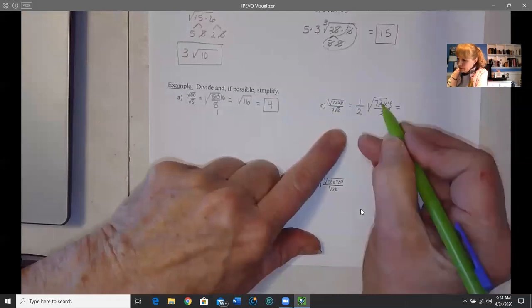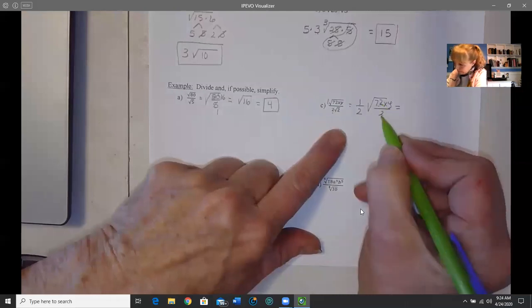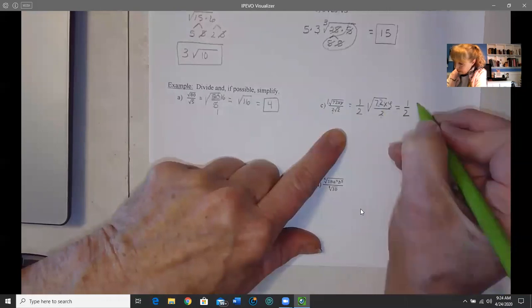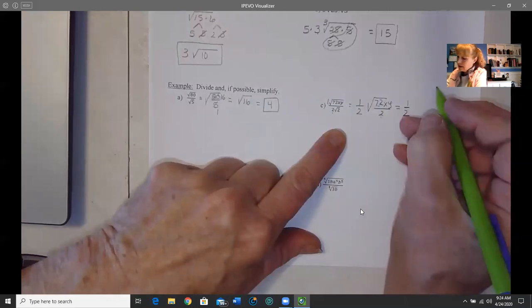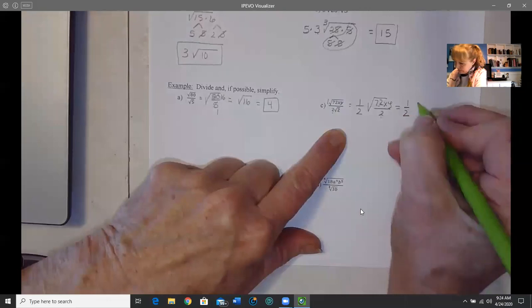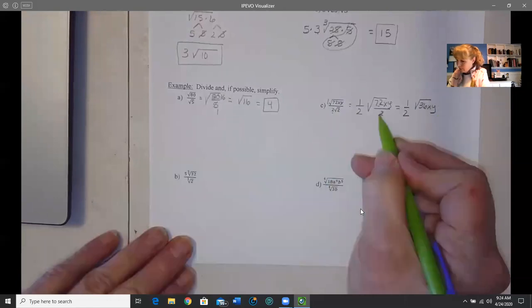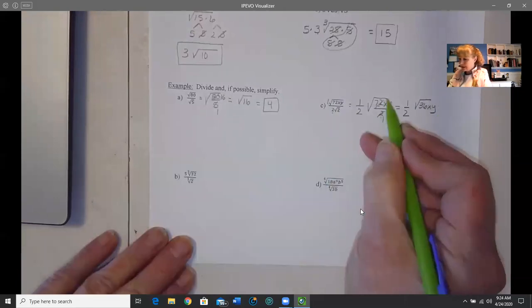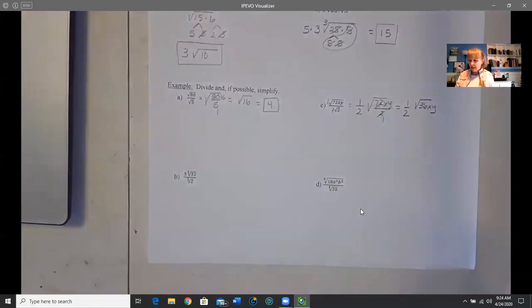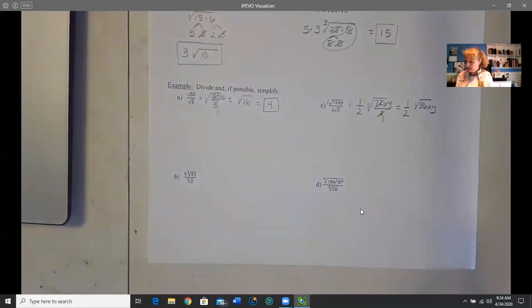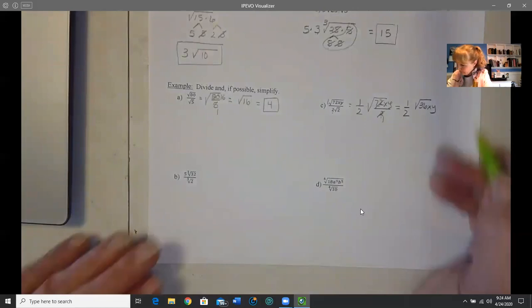The 72 and the 2 will reduce, and we come up with 36xy. So this goes into here once, that goes into here 36 times. If it's over 1, square root of 1 is 1, so it cancels, it just disappears.